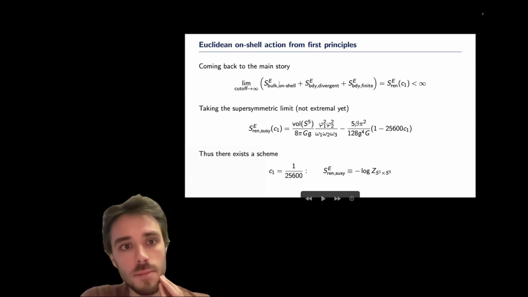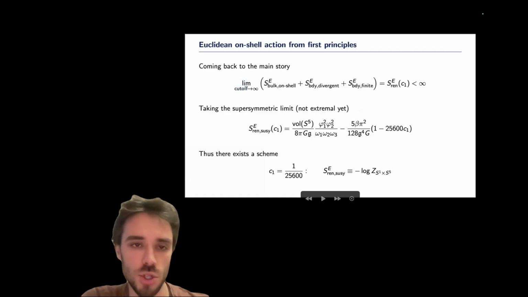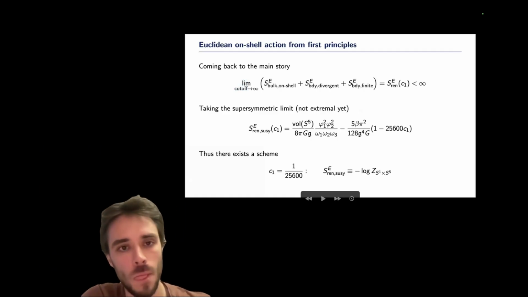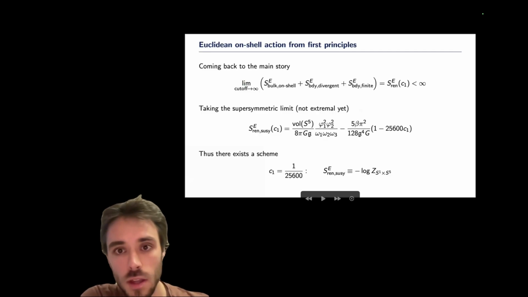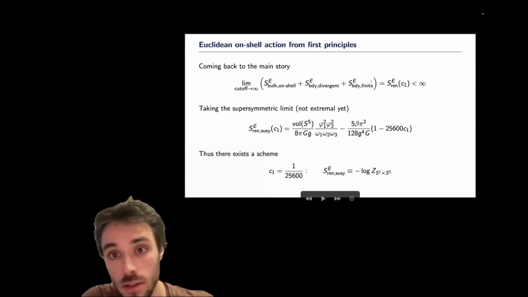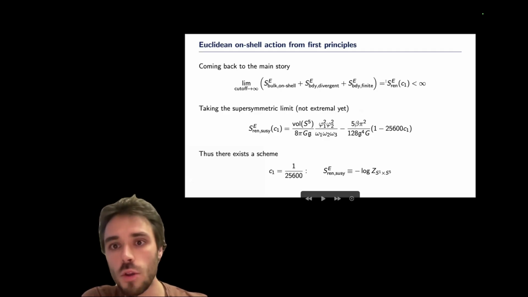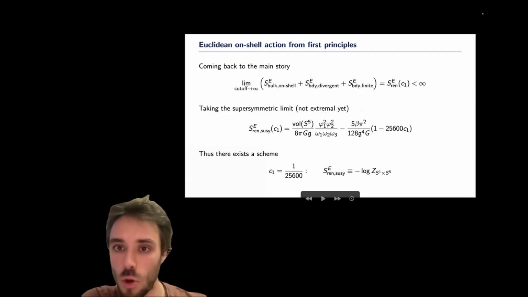Now we have to sum them up and take the cutoff. So cutoff here means the UV divergence, the divergence at infinity. You sum those up and you take the cutoff to infinity, and the answer remains finite. And this is your Euclidean renormalized on-shell action.